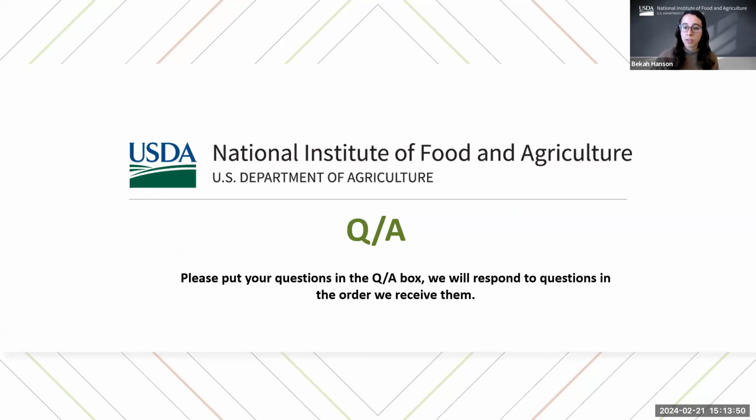If you don't have those items or they're not in PDF format, your application will be automatically declined. You'll get a response of why, so we won't leave you in the dark. But please do make sure to have those key items so that it can be moved to the reviewers.